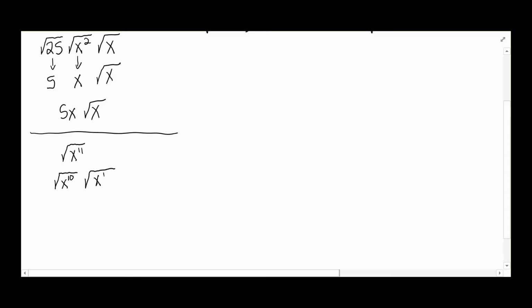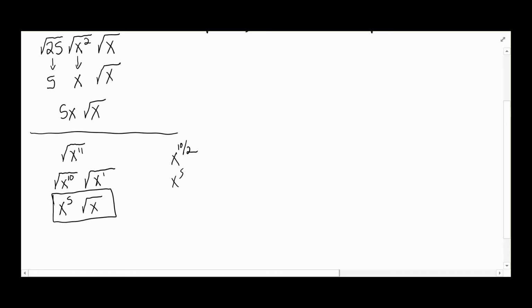And this gets into something we covered last lesson because what is the square root of x to the 10th? It's x to the 5th. And you remember you can think about this with rational exponents because the square root of x to the 10th would be x to the 10 over 2, which is 5. And then the square root of x would just copy down.